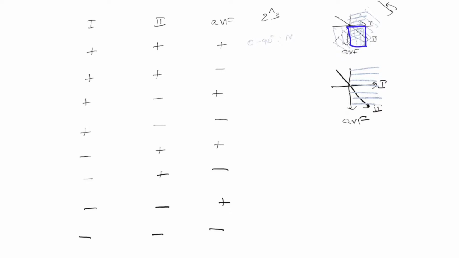We also said 2 is positive, so let's draw the line perpendicular to 2. And now we would expect the wave of depolarization to be somewhere here. And lastly, we said AVF is negative, so we would expect the wave of depolarization to be going away from AVF, so it would be somewhere here.